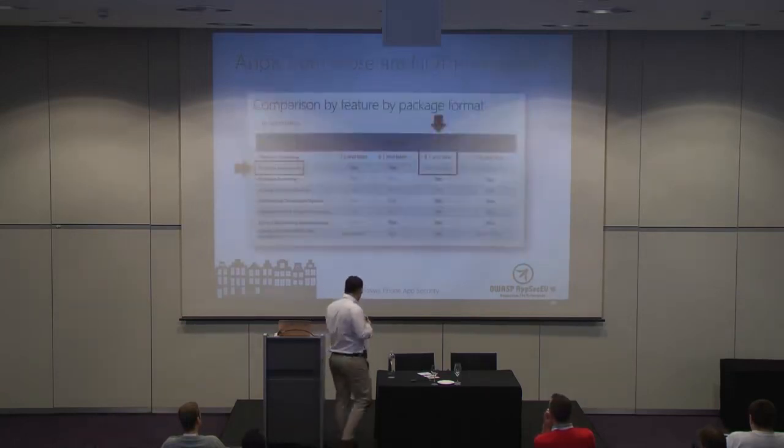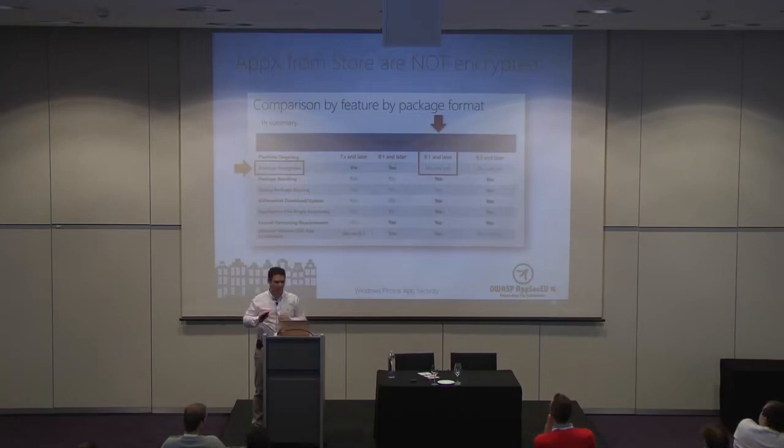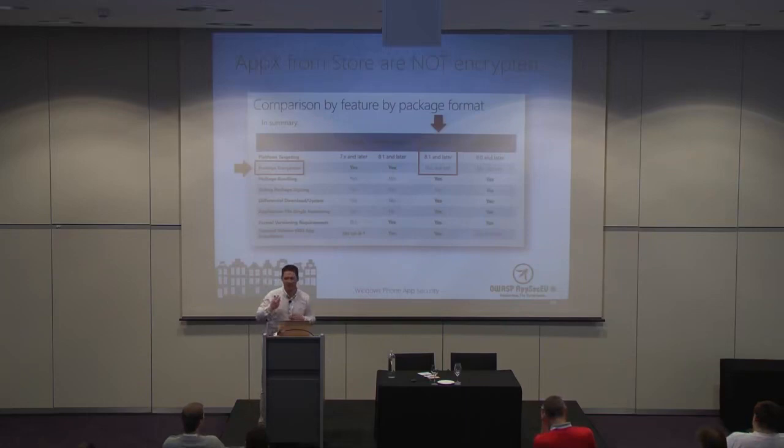But the nice thing is that with the AppX applications, which are the Windows Runtime applications, the applications are not encrypted at all. So you are not required to have privileged access to your device in order to access the original binaries.